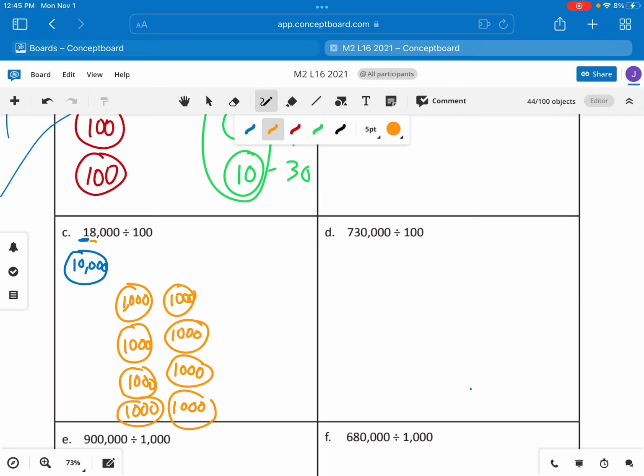All right, so first we're going to divide by 100 this time. Basically, 2 zeros are going to disappear, so that leads me to 100. So I have 100, 100. Now I'm going to divide this 1,000 by 100. 1,000 divided by 100 will give me 10.